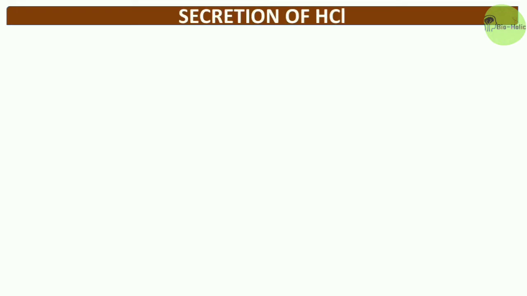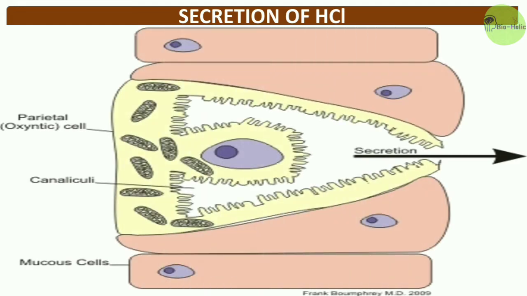Now the secretion of HCl is the most important topic. The HCl is secreted through the parietal cells or oxyntic cells present in the stomach. They have a complex network of intracellular canaliculi through which HCl is secreted.